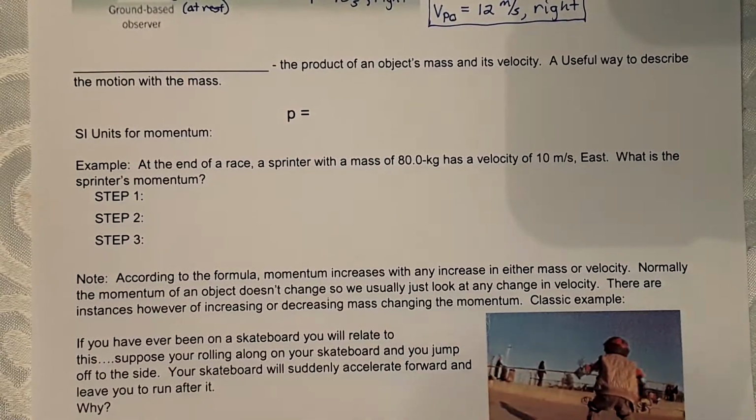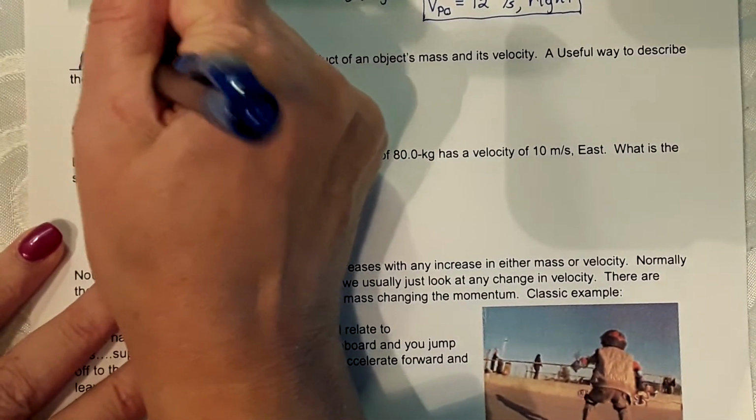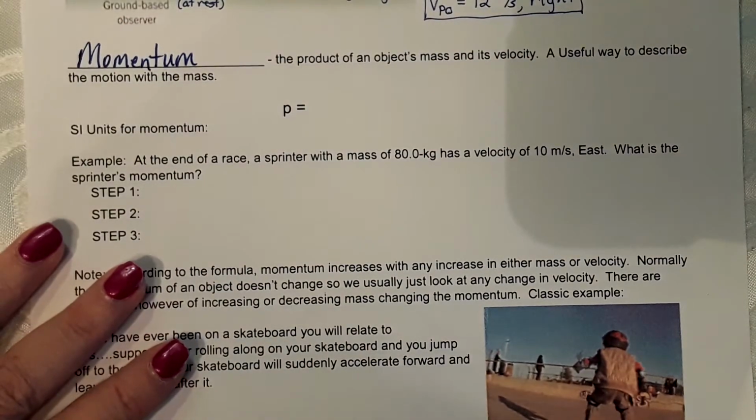And we're going to be looking at a quantity that moving objects have called momentum. Now, interestingly enough, momentum does not use an M to represent it because we already use an M for mass.